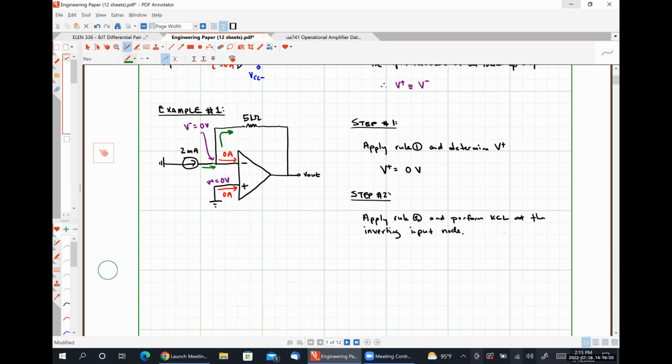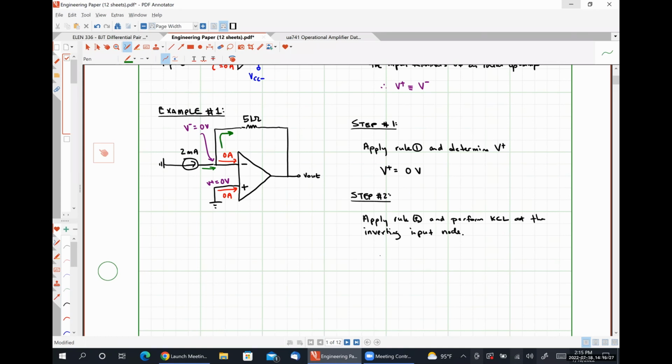What we will get is 2 milliamps is equal to 0 volts minus whatever our output voltage is divided by 5 kiloohms.